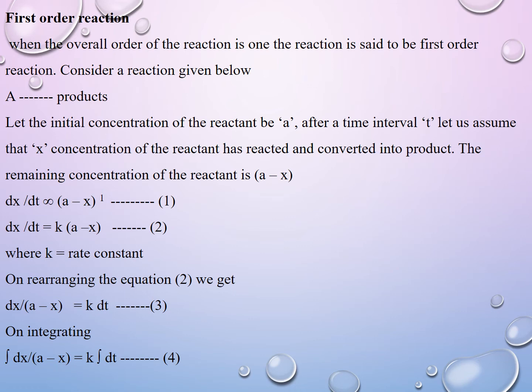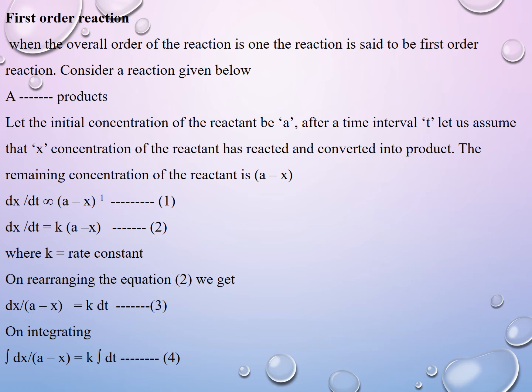That is equation 1. Now we remove the proportionality sign and introduce a constant, called the rate constant. So equation 1 becomes dx by dt is equal to k into (a minus x), where k is the rate constant.